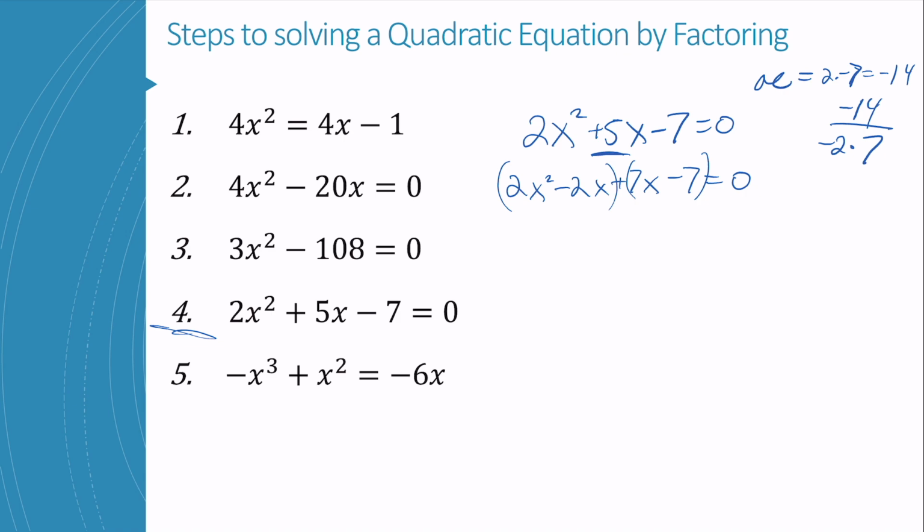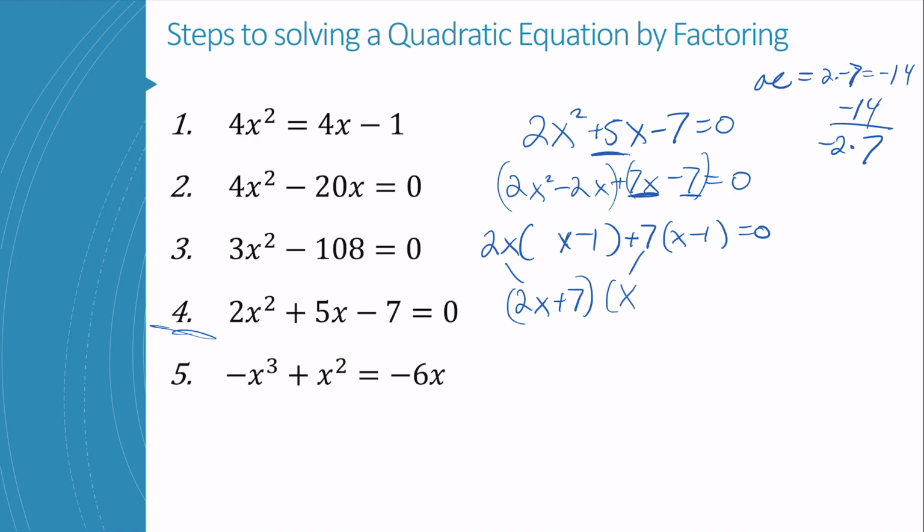The greatest common factor of 2x squared and 2x is a 2x, and that just leaves me with an x by itself when I pull that out. The greatest common factor of 7x and 7 is 7. I collect the greatest common factors and what they left behind. So I've fully factored this.